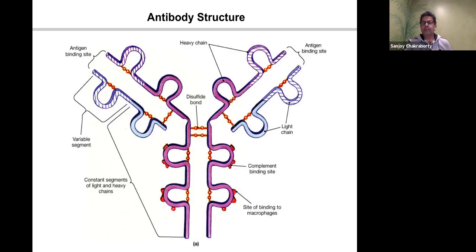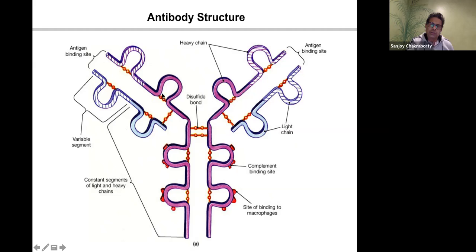All antibodies look the same. It's like a typical key, which looks the same, but each key is for a different lock because they have a slightly different binding site. So what is the binding site? The top part is called the binding site for antigen.